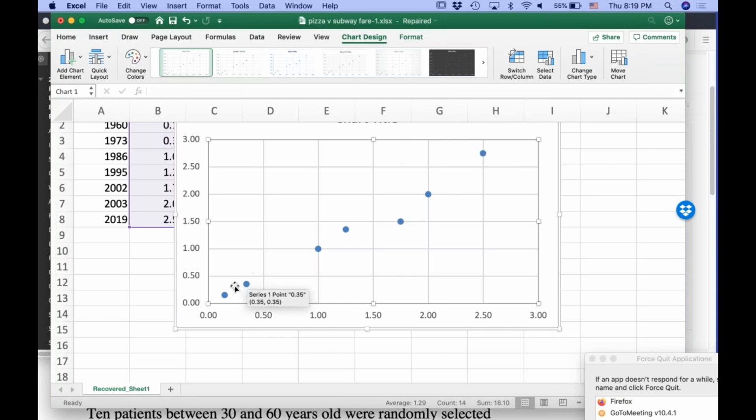If you look at this, you can imagine drawing a line up here. Not every point would fall on that line, right? Some points would be on the line, some off it, but all of these points are remarkably close to that line. That suggests there's a strong association, a high correlation, between pizza price and the price of the subway.